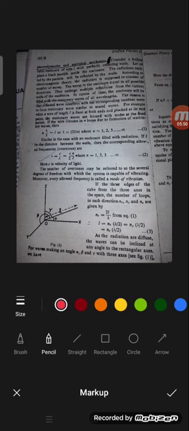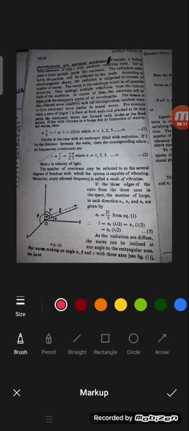We know that the velocity of light is c equal to nu lambda, and from this nu is equal to c by lambda. The frequency of the wave is inversely proportional to the wavelength. Now what is the lambda value?